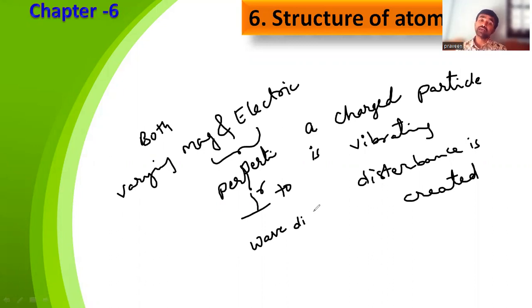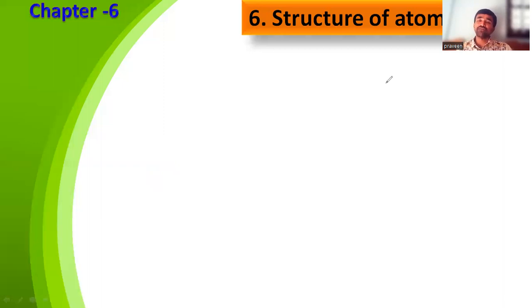The electric field is perpendicular to the magnetic field and also perpendicular to the wave propagating direction. The magnetic field is perpendicular to the electric field and also perpendicular to the wave propagating direction. So what does an electromagnetic wave mean? Simply, a wave which consists of varying electric and magnetic fields, both perpendicular to each other as well as perpendicular to the wave or energy propagating direction.